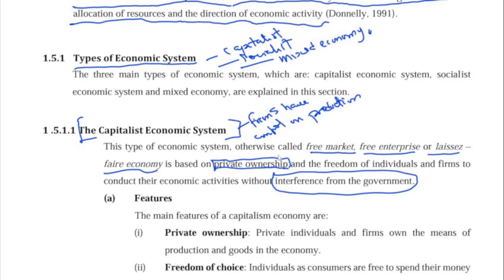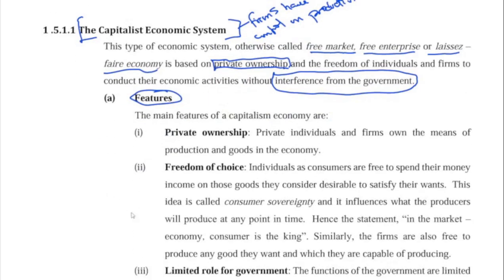Now what are the features of the capitalist economic system? We have private ownership. That's the first one. Private individuals and firms own the means of production and goods in the community. Freedom of choice. Individuals as consumers are free to spend their income on those goods they consider desirable to satisfy their wants. This idea is called consumer sovereignty.